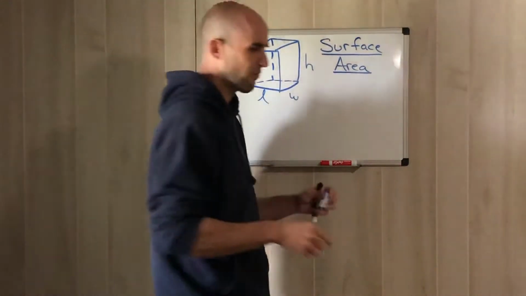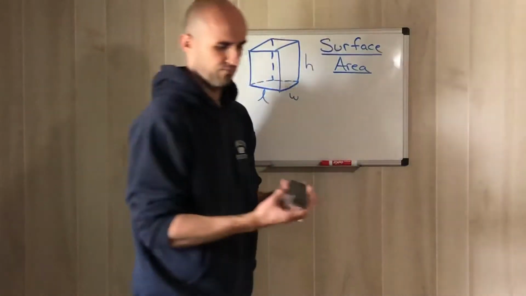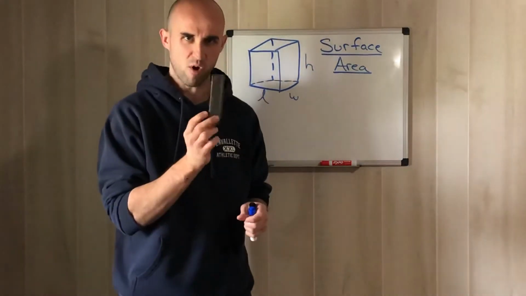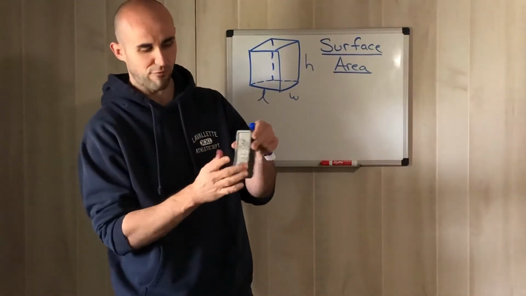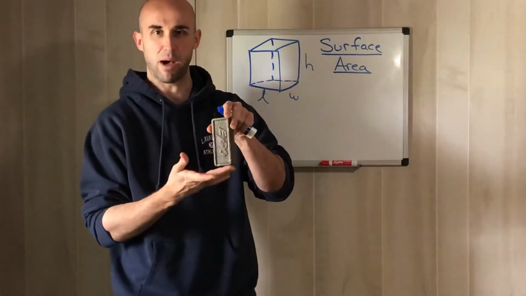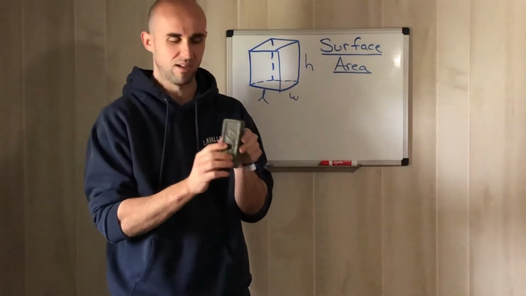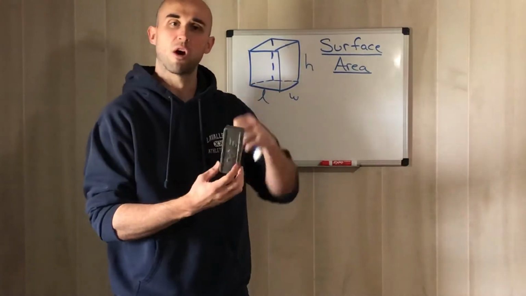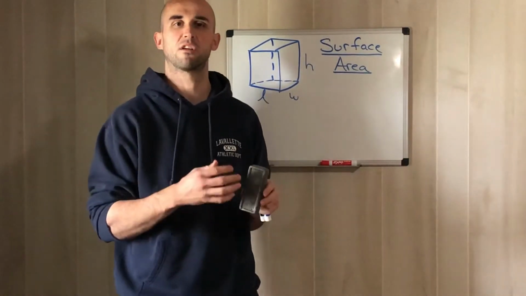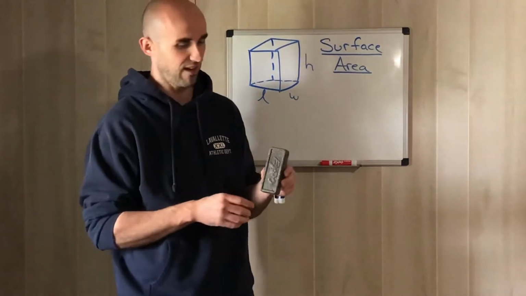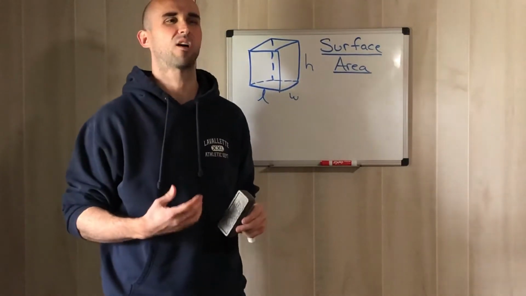The best way I can explain this is, say you have this again, and I keep going back to the eraser because it's a rectangular prism. It has six faces: the front, the back, the top, the bottom, left, and the right. When you're talking about volume, you're talking about how much space is inside. But since today we're working with surface area, you're thinking about how much is on the outside. Almost think of it as a cardboard box.